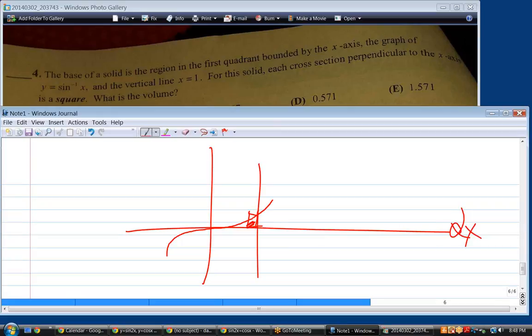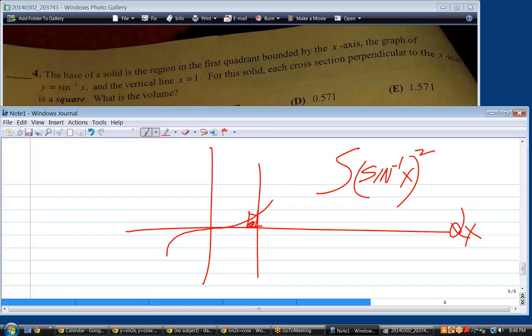In other words, this square is sticking out of the page at us. So the area of each square is what? It would just be sine of inverse sine of x squared, right? Correct. In other words, that's the side length of each square.